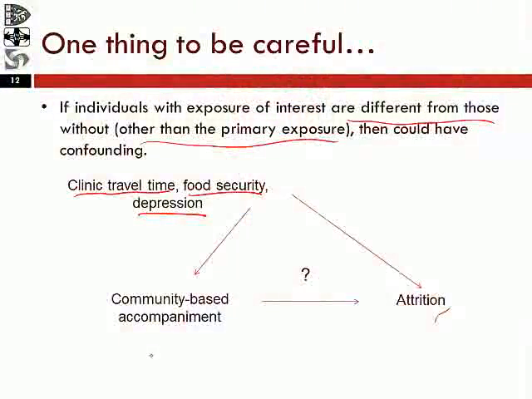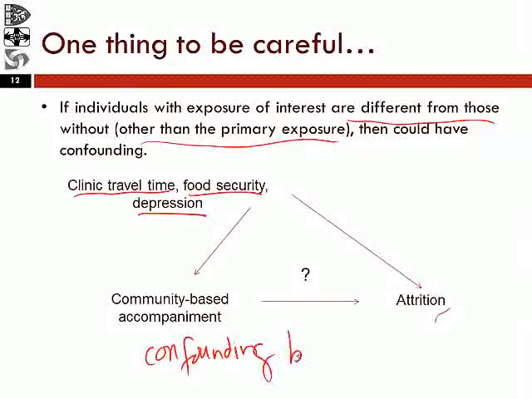Confounding bias. And so we have to be careful: if there are differences between those who are exposed and those who are not exposed, we could have confounding bias in our study. And I'll show you in this study what they did to control for these potential confounders.